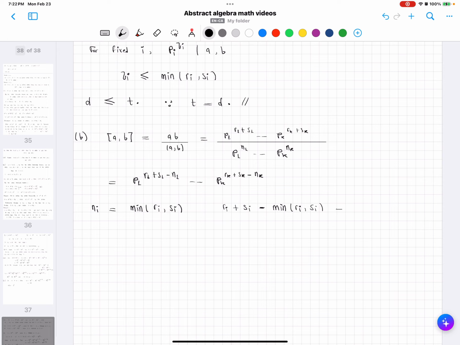So that would be giving us the maximum of Ri and Si. Therefore, the LCM of A and B is P1 to the maximum of S1 and R1, up to Pk to the maximum of Sk and Rk, and we're done.